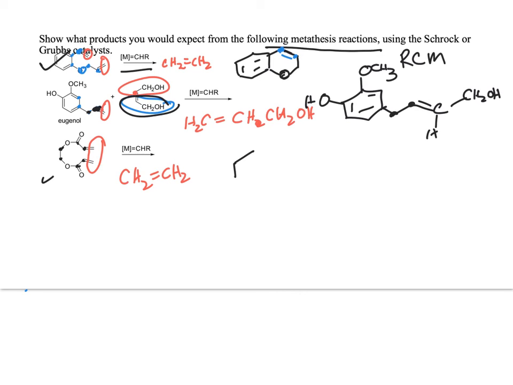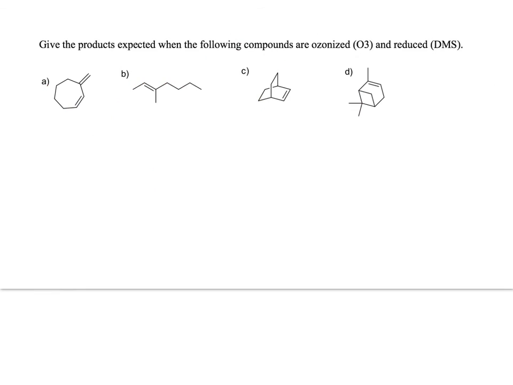We're going to have an 8-membered ring. I'm going to draw a stop sign here. And this is this carbon and this carbon. And then I'm going to fill in my heteroatoms oxygen. And that is that.